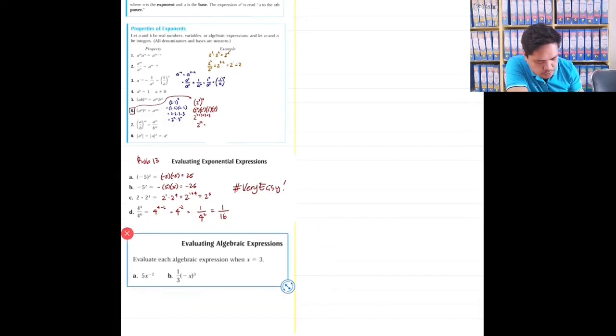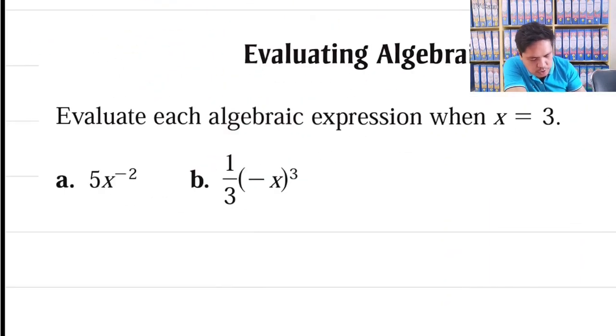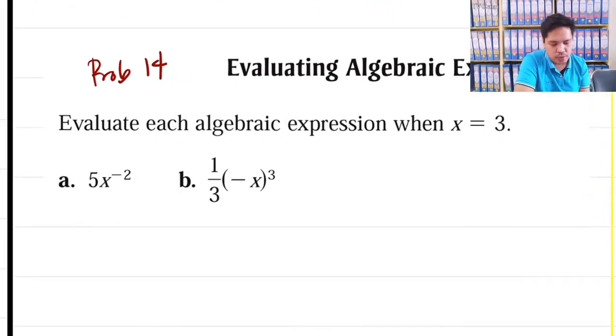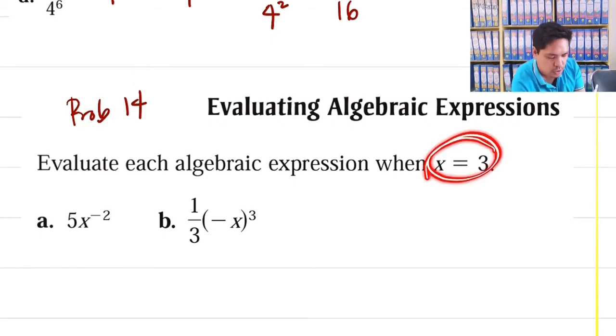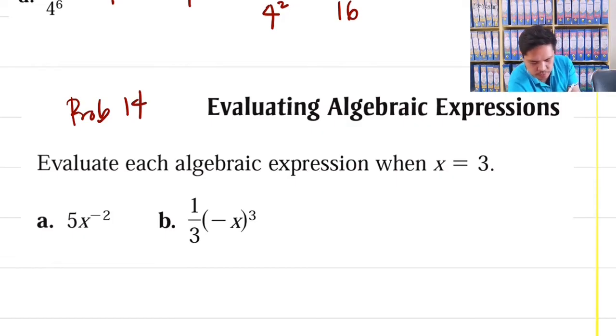This is our problem number 14. Problem 14. Evaluating algebraic expressions again. Evaluate each algebraic expression when x is equal to 3. So, we know what to do in here. We just need to substitute 3 to x. Okay? So, for letter A, that's just 5 times 3 raised to negative 2.